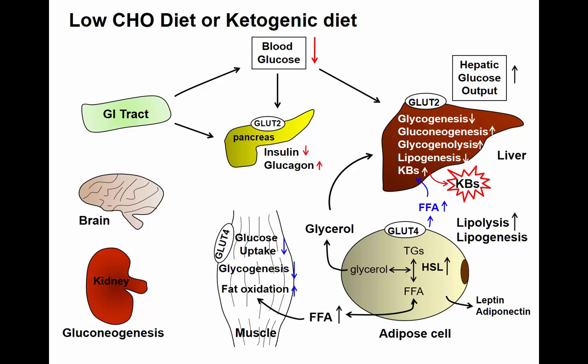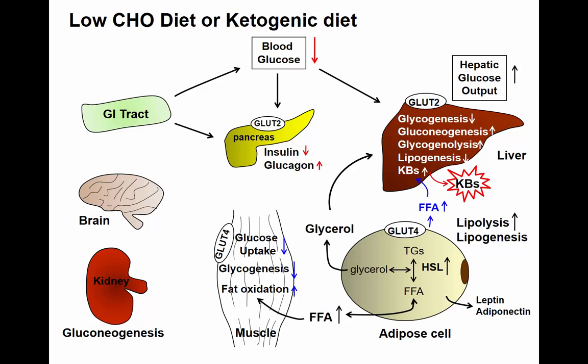Now more specifically, in more detail: because you're eating a low carb diet, you have a much lower glucose level compared to people who eat a normal diet, right? The low blood glucose level will change a lot of things, particularly the hormone profile.